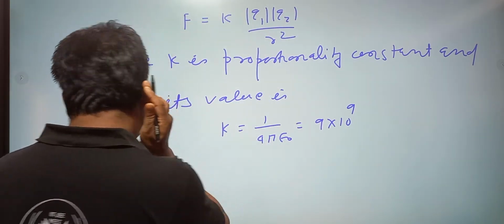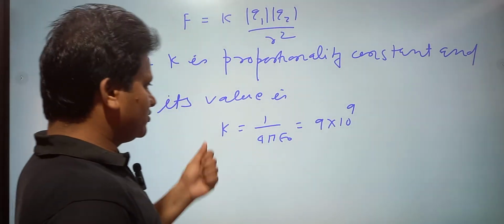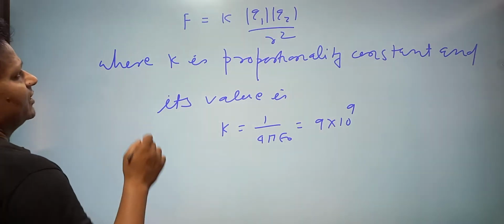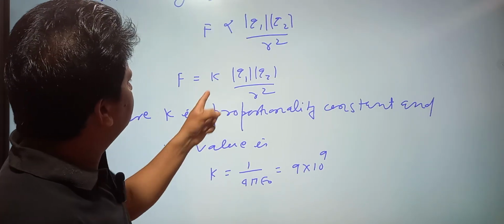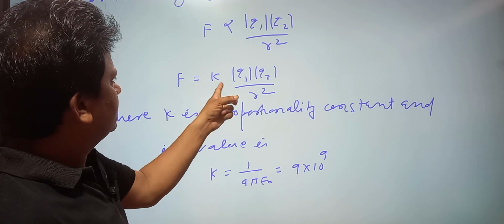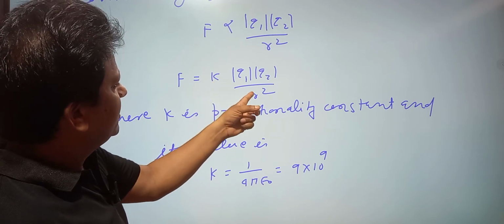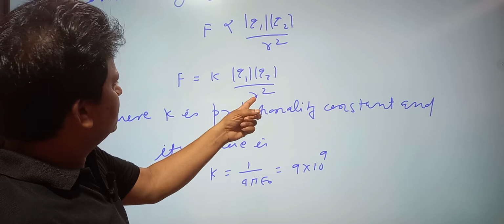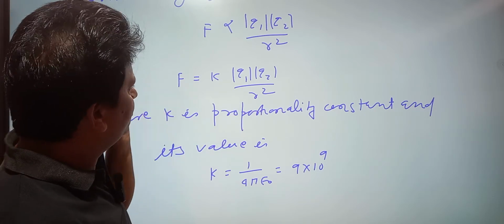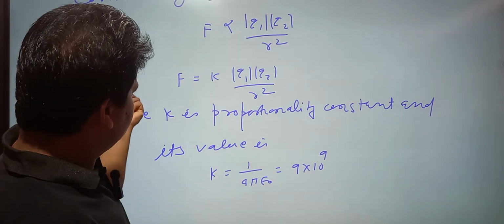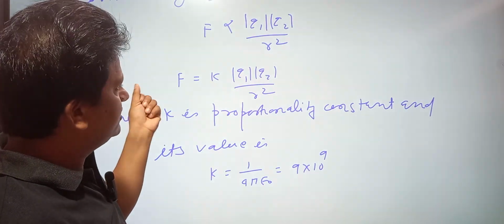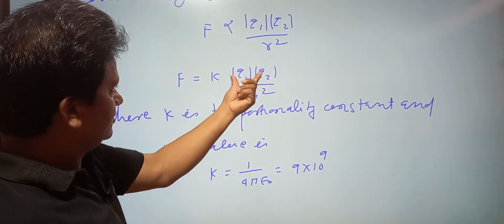What will be the unit of this constant? K equals F r square upon Q1 Q2.